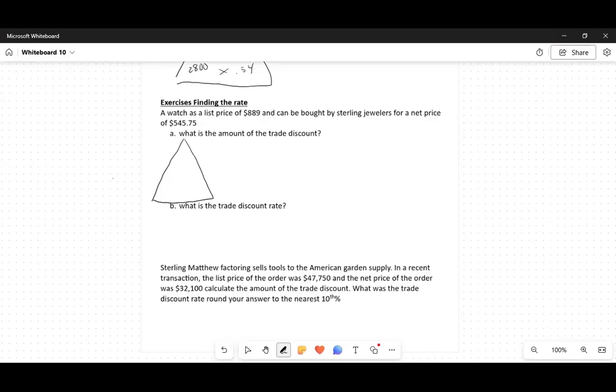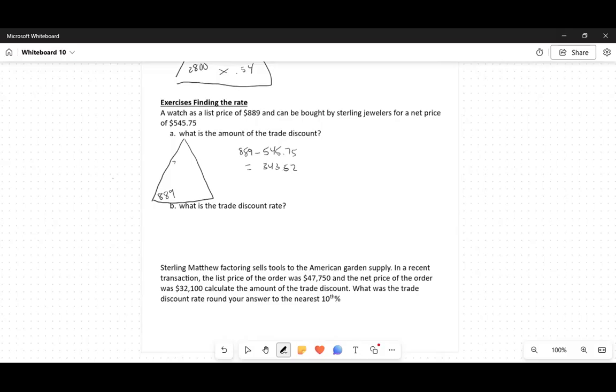This is how we learned how to find the percentage of difference between two numbers. We do 889 minus 545.75, and that would give me a difference of $343.25.